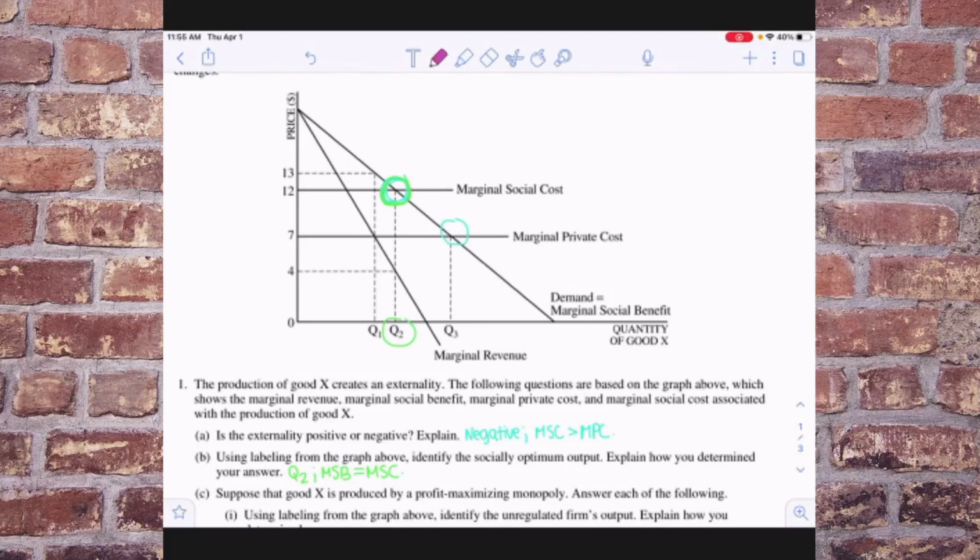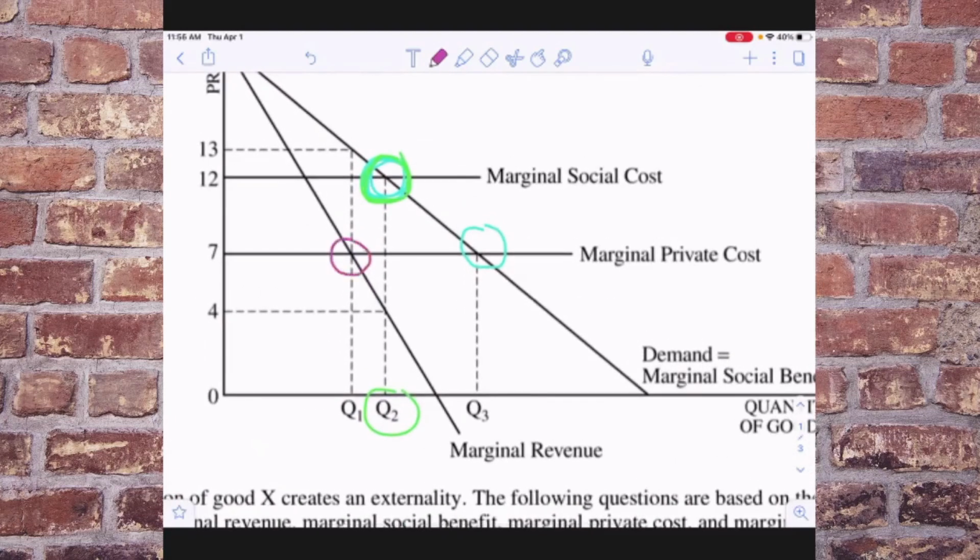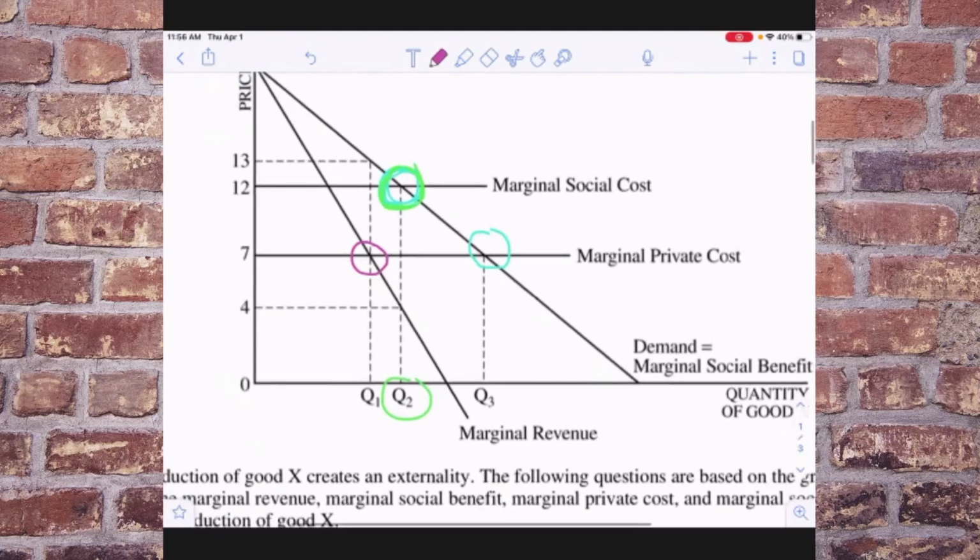So let's go to where marginal revenue is equal to marginal cost. But in this case, it's marginal private cost because that's the cost to the firm. So MR is intersecting marginal private cost at Q1. So let's go up the marginal revenue curve right there, in purple. We go down, and that gives us Q1.